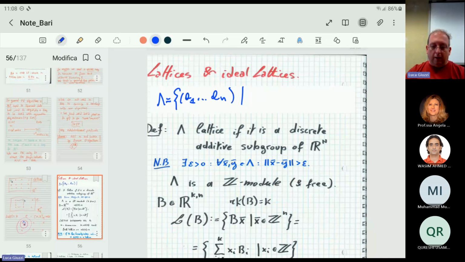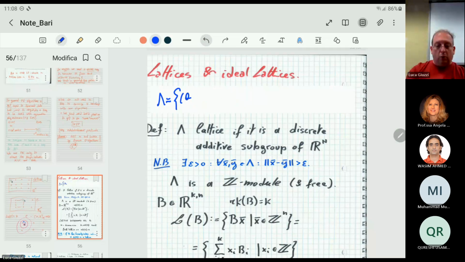And for each pair of vectors in here, they are at least a fixed distance apart. That is to say, in a lattice, the points are far away from each other, and you have a bound on how far away each point must be from all of the remaining points.